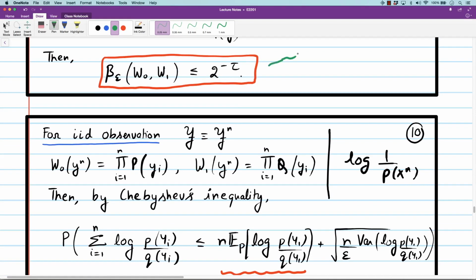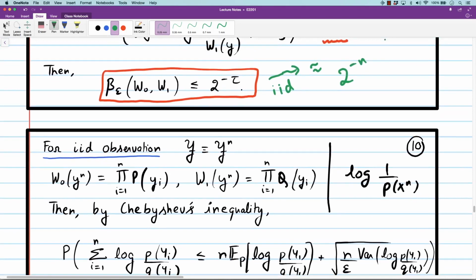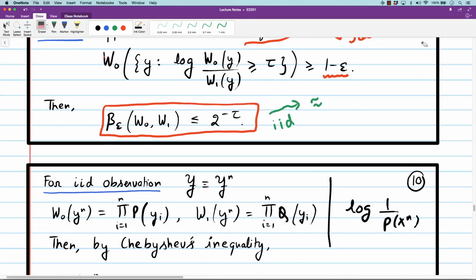So for this IID case, the upper bound that we have is 2 to the power minus n times the expected value under W0 of log of W0 y by W1 y, where this y has distribution W0 y.